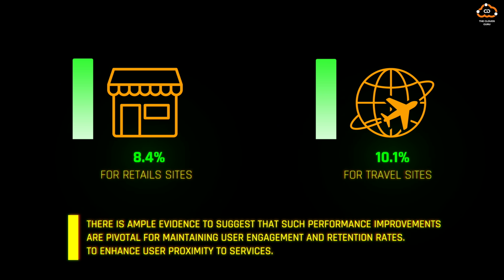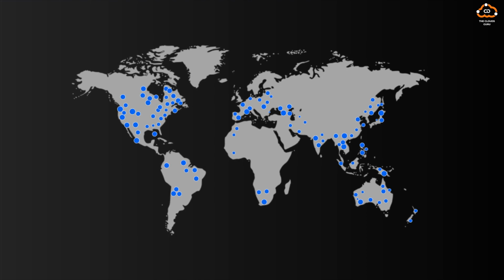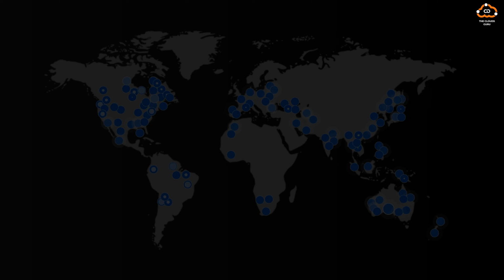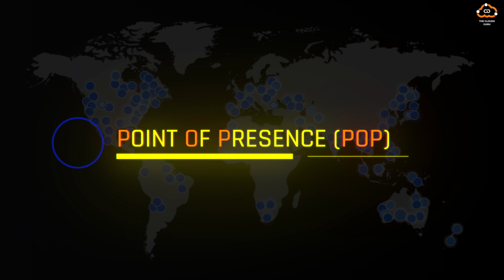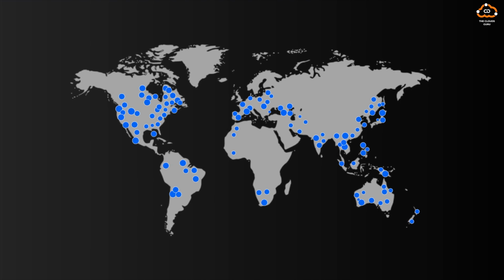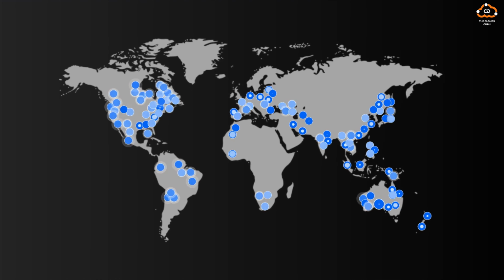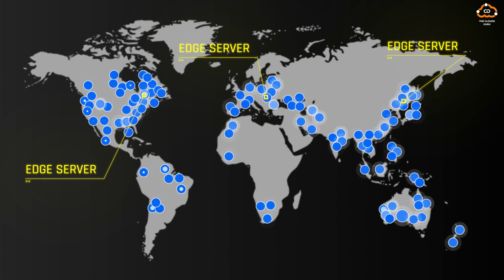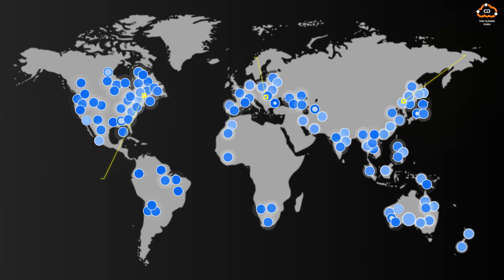To enhance user proximity to services, CDN technology deploys servers across numerous global locations, termed points of presence or POPs. Within these POPs, servers are specifically referred to as edge servers. The strategic distribution of multiple POPs globally ensures that users everywhere have access to a proximal edge server, optimizing speed and efficiency.